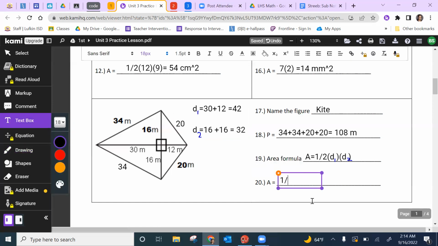So we've got 1/2 times our diagonal 1 of 42 times diagonal 2 of 32. So that gets us 672 meters squared.